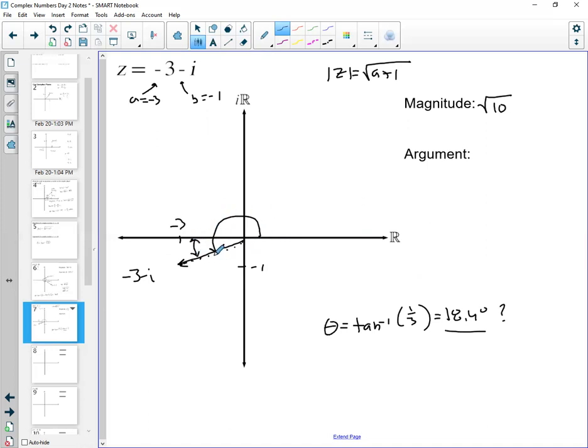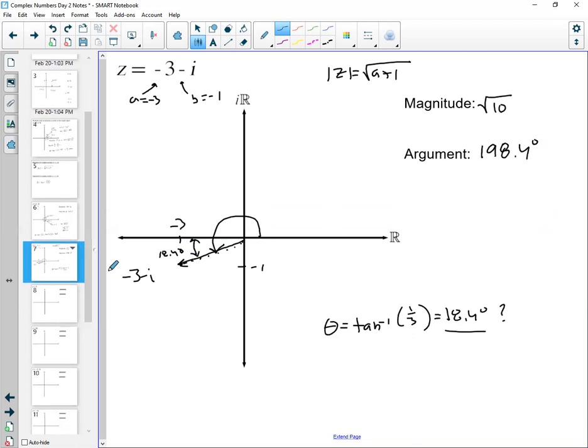So to get this whole angle, it's 90 degrees, 180 degrees, and then add 18.4 degrees, and you get 198.4. That's the argument. We'll have to figure out, as a class, what we decide is the best way to indicate these angles, but I think this is a pretty good way to do it. Just draw the thing and see where the angles appear and then add or subtract as necessary.